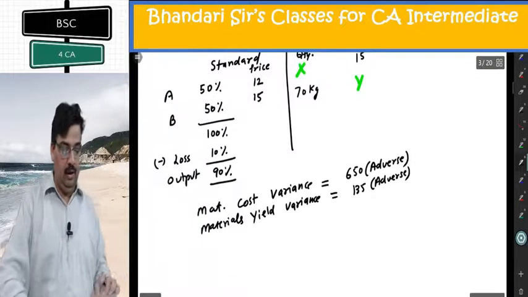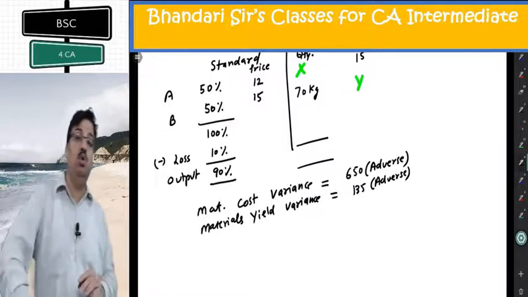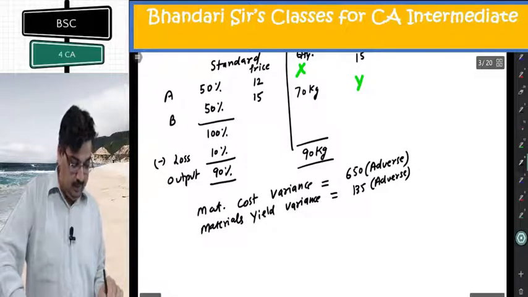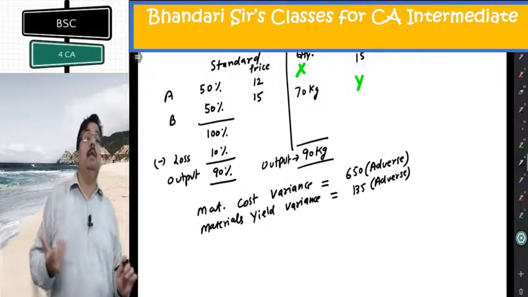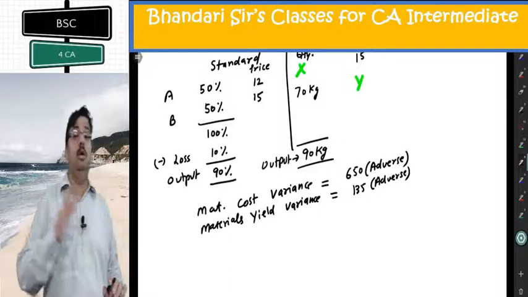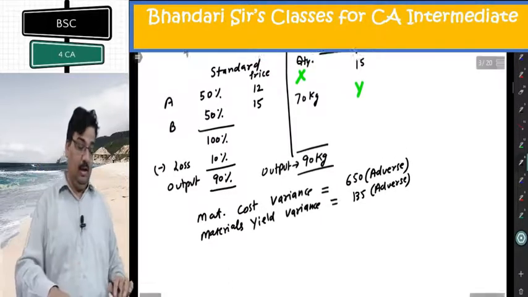And do not forget, the last line of the question says assume actual output 90 kg. Does not mean that loss will be 10 and input will be 100. Not at all, because loss percentage in actual will be different than standard. This is the data which is given.